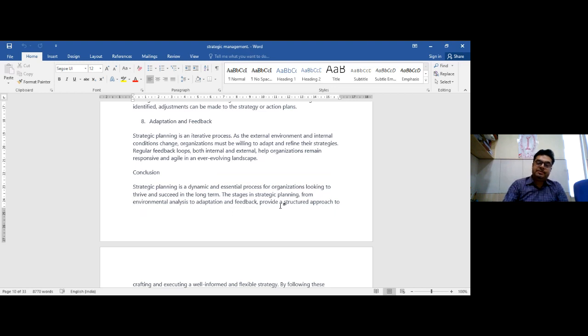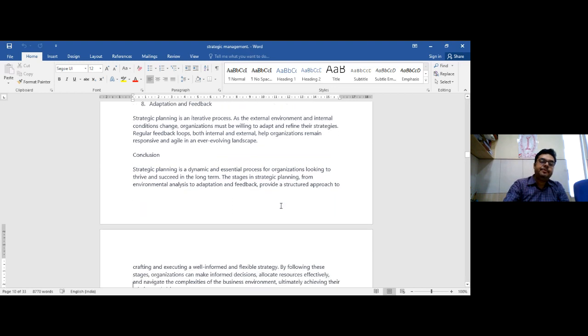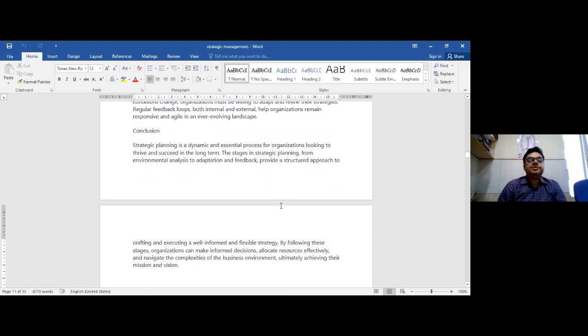How do we look at the process of strategic planning? It is a dynamic and essential process for organizations who wish to thrive and succeed in the long term.